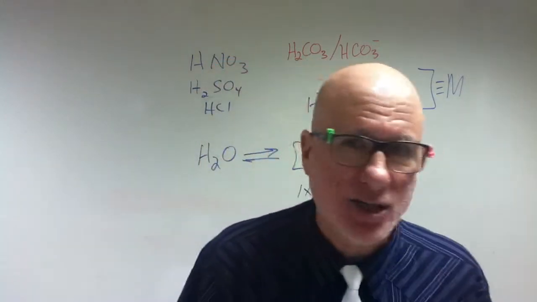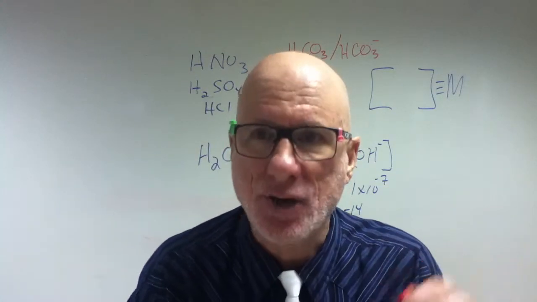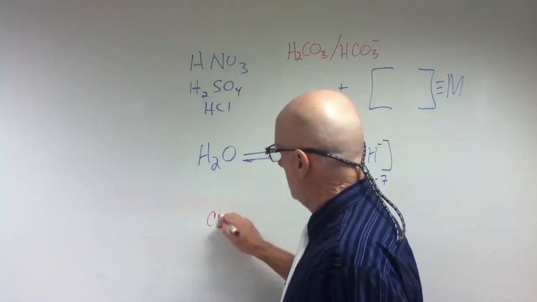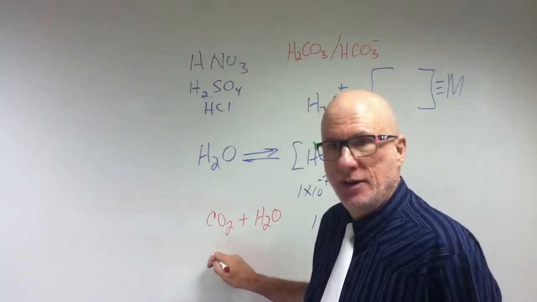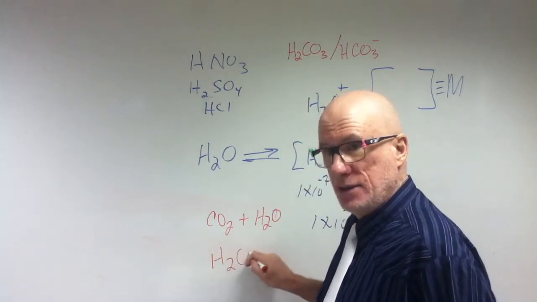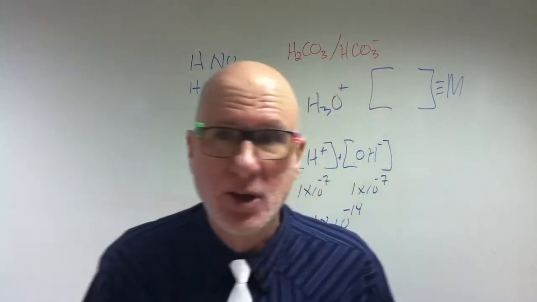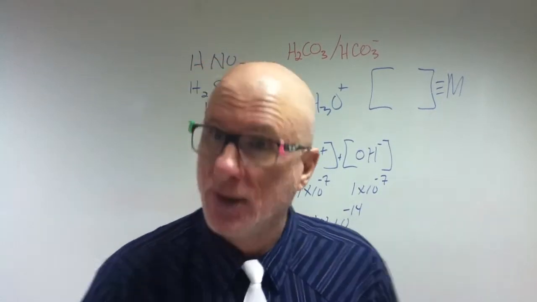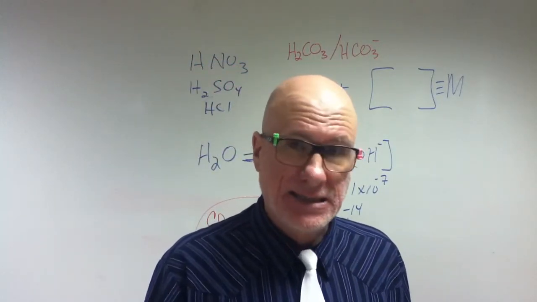Now, remember, if you take an acid anhydride, such as carbon dioxide, you mix it with water, you produce what? The carbonic acid, correct? Now, that's how the body gets rid of carbon dioxide. Because carbon dioxide is an acid anhydride, we know that that exists.